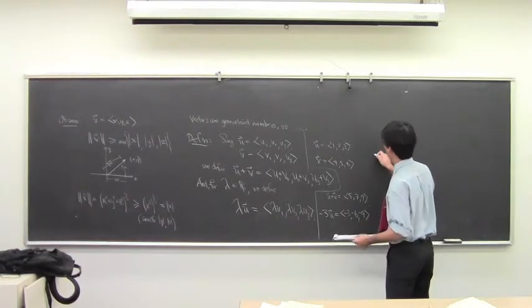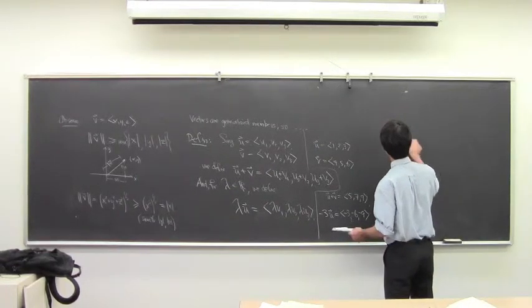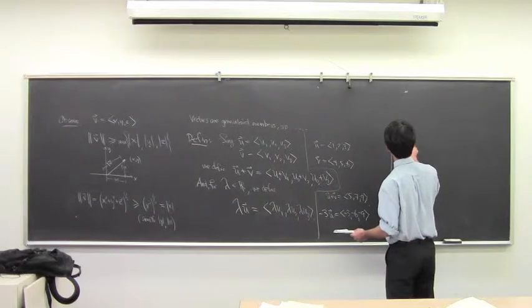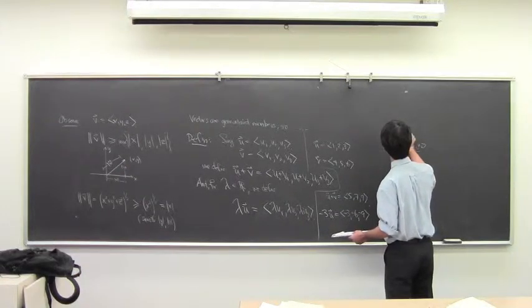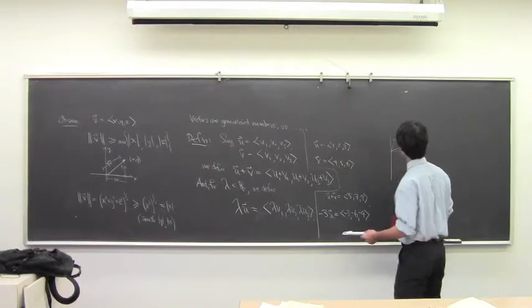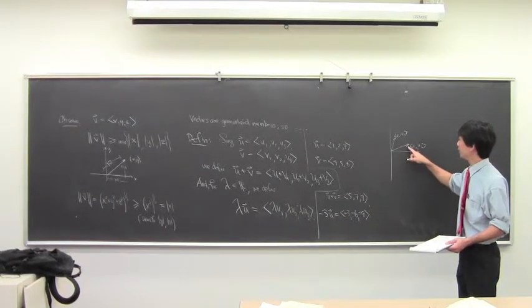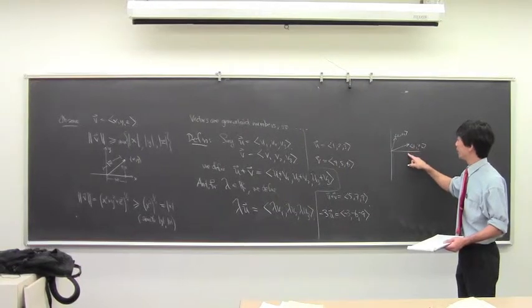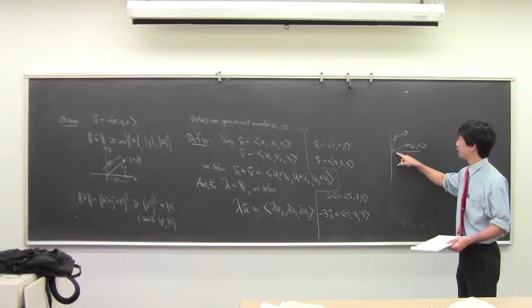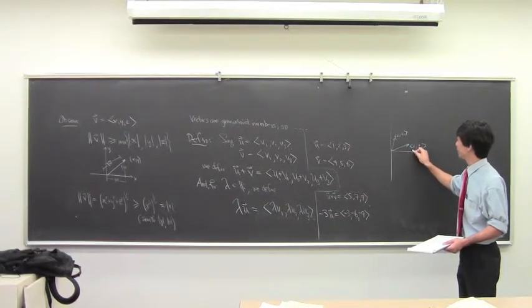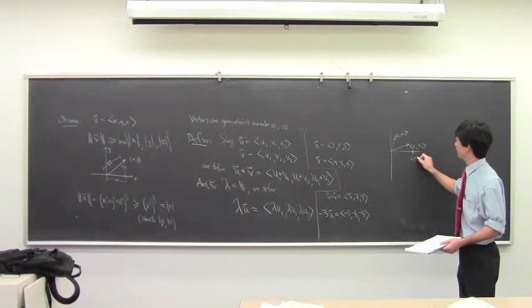So pictorially, I'm going to do this in R2, you have U1 and U2 here, and you have V1 and V2. Then for the sum, you take the x component of this guy and the x component of this guy, and you add them together. You get U1 plus V1.